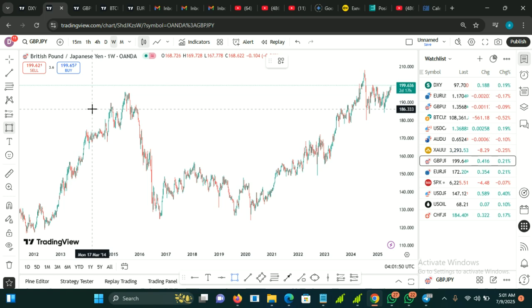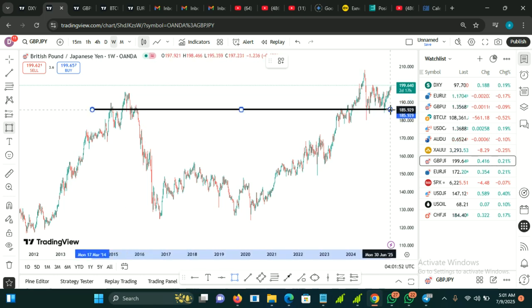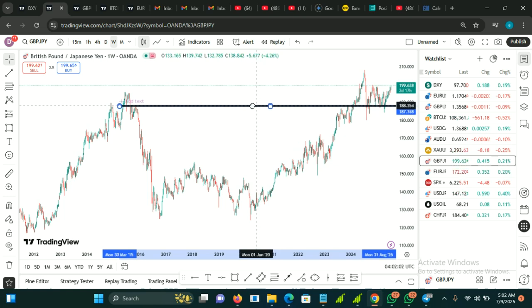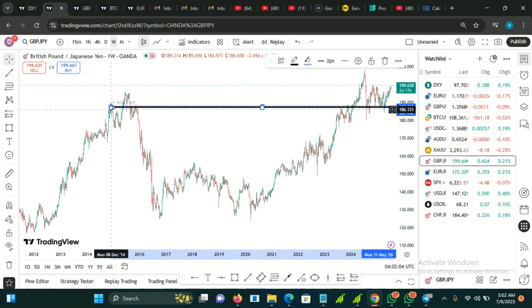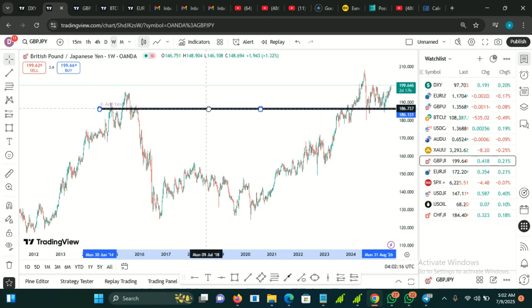I know some people might not understand this, and maybe a beginner, but if you want to know more about analyzing, you have to go for the knowledge. But this is just analysis. I'm not doing a class, just analyzing the market, and let me know your take on the market.